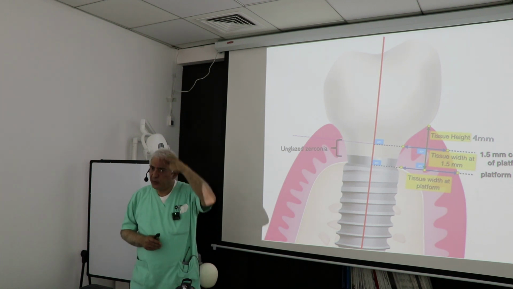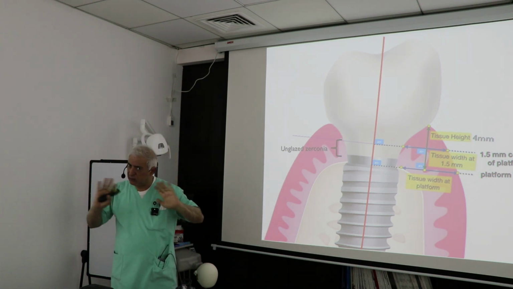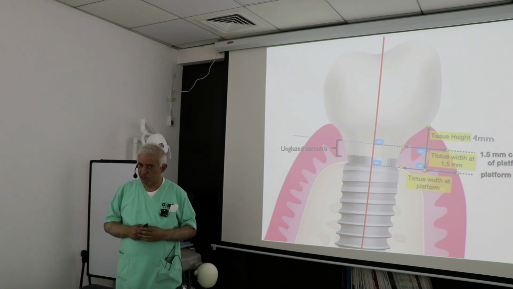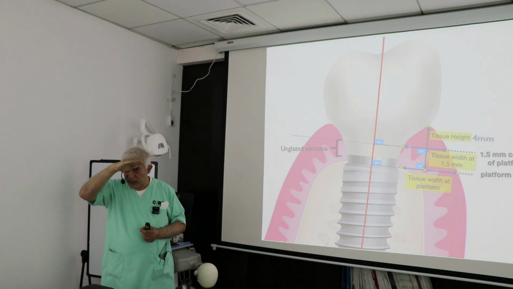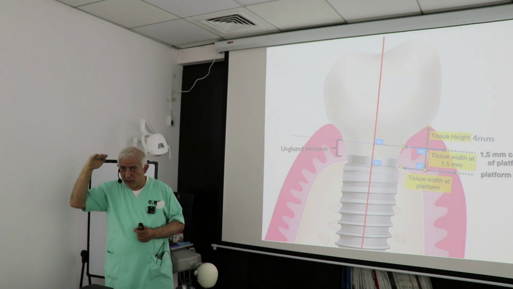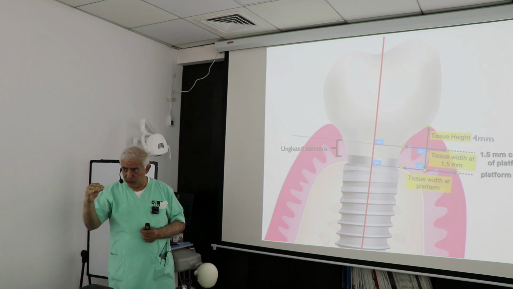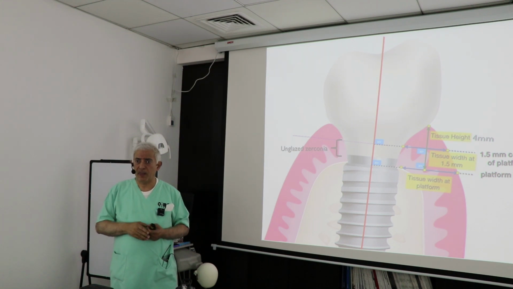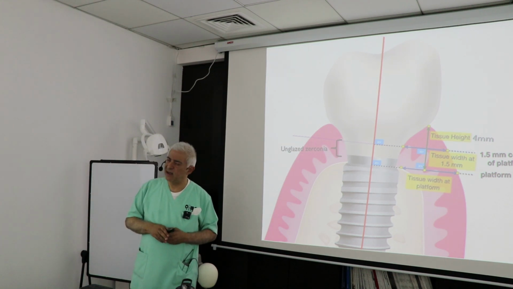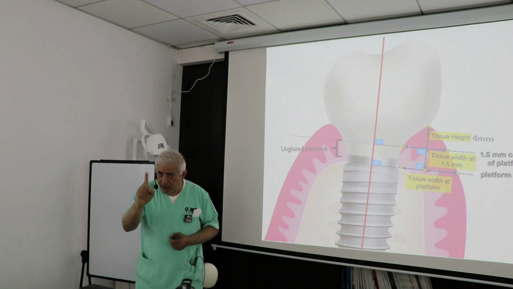I don't mean we have to go very deep. I'm just telling you, look at the gum level. Between 4 and 5 is where you have to stop your implant. So I should not be worried that this bone I will lose. This is my point.